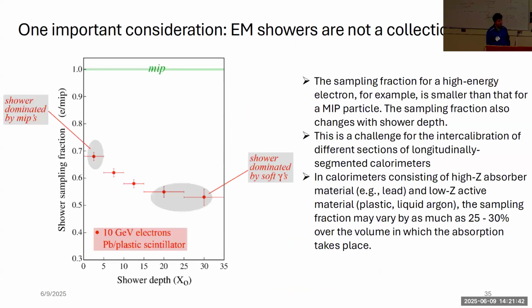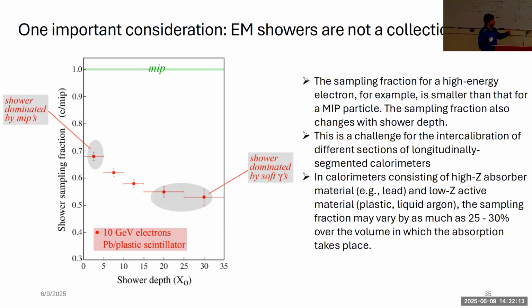Okay, so one important consideration before I turn to hadronic calorimeters is that EM showers are not just a collection of MIPs, as I said. The sampling fraction can actually change a bit as a function of the shower depth, especially in very high Z materials. This isn't a big issue if you don't have any longitudinal segmentation, where you just read out your calorimeter at the back.